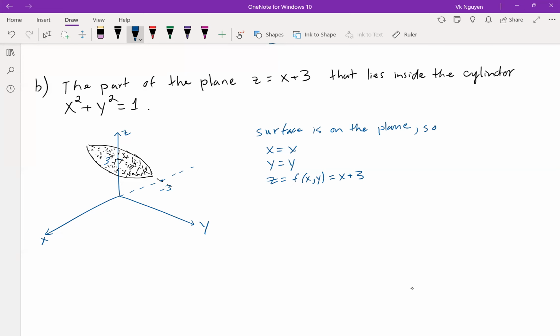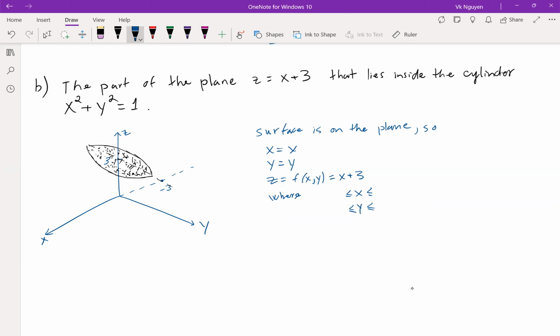It's perfectly okay. We just have to know where x goes from and where y goes from.